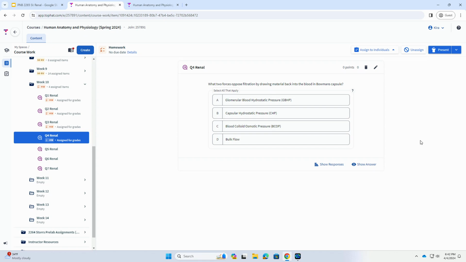What two forces, I didn't go over this, but it is in the videos. What two forces oppose filtration by drawing material back into the blood in Bowman's capsule? There are two correct answers.